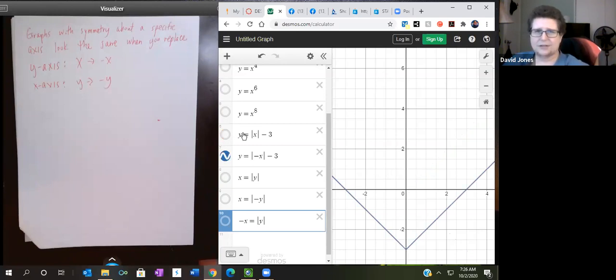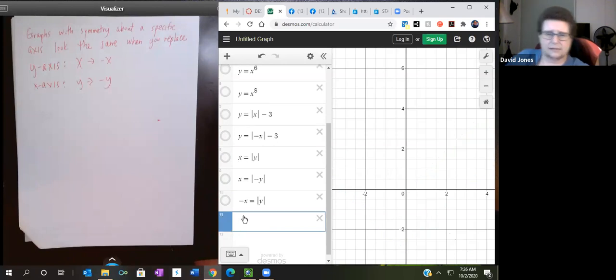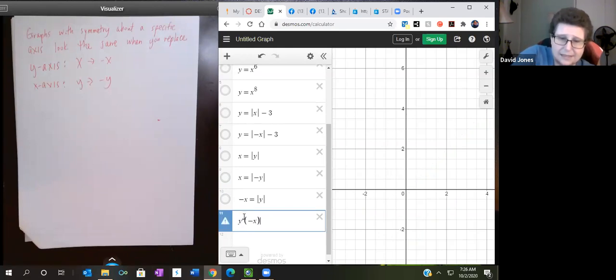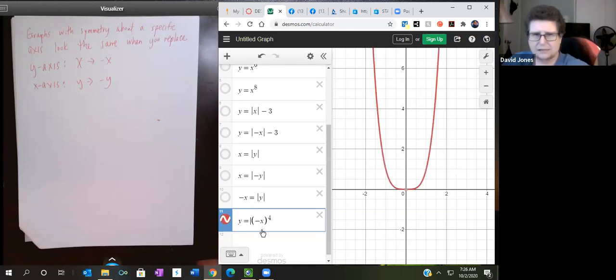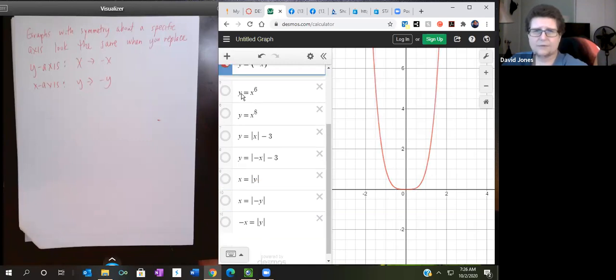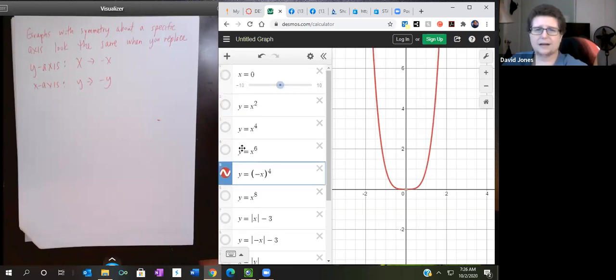And notice we can do this up here with y equals negative x. Put that up here. There's y equals x to the 4th, and I replace it with negative x in parentheses, and I get the same graph.